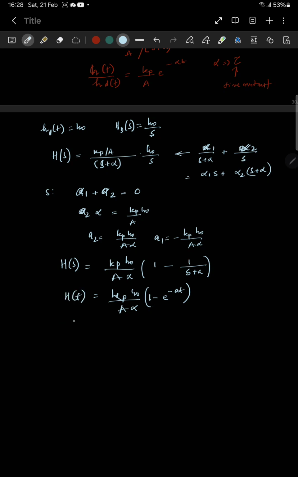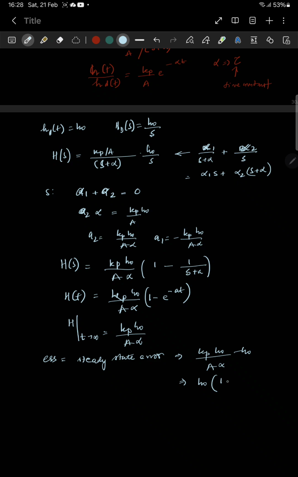So h at t tends to infinity is Kp h0 by A alpha. Steady state error is Kp h0 by A alpha minus h0, which is equal to h0 into (Kp by A alpha minus 1).